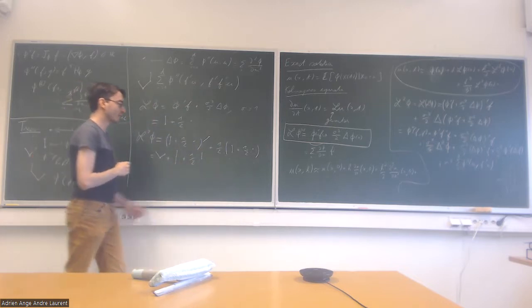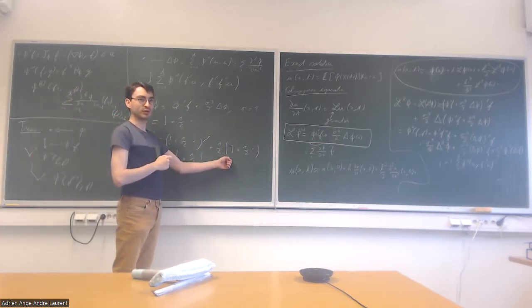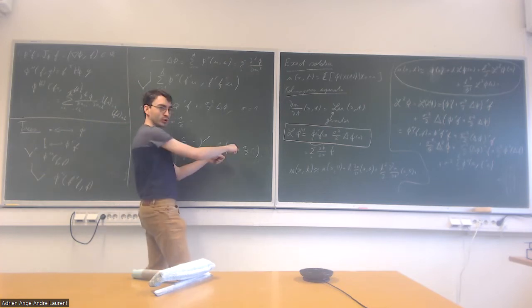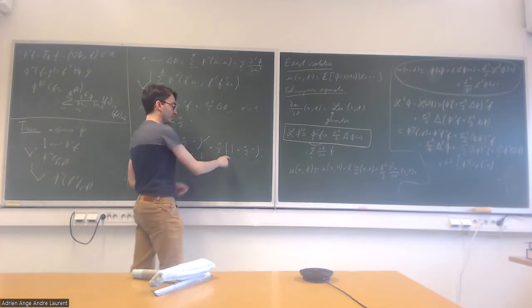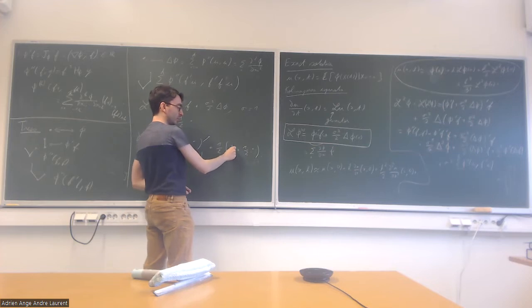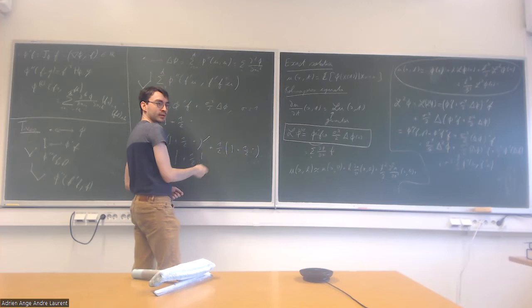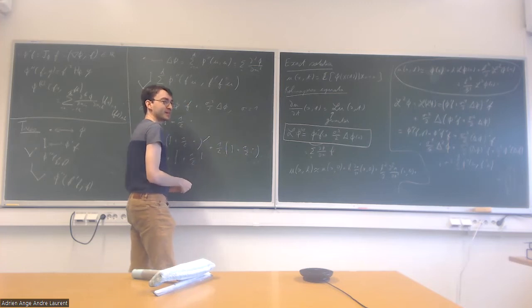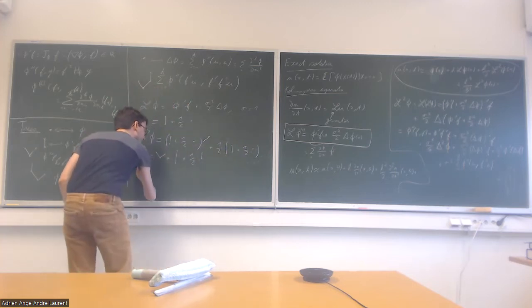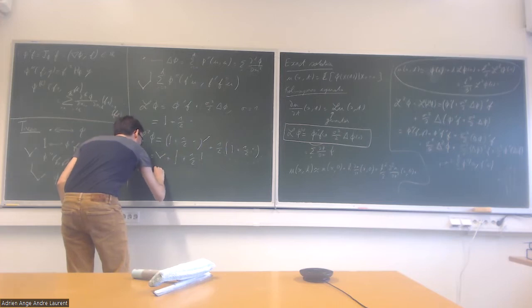You agree? For the line, it's much more annoying because you have to take two nodes and link them. So either you take two times this node, or this one, or this one. Do you have to count it twice? Yeah, indeed.